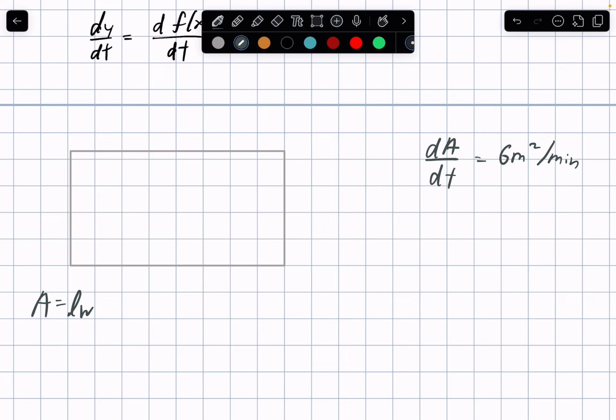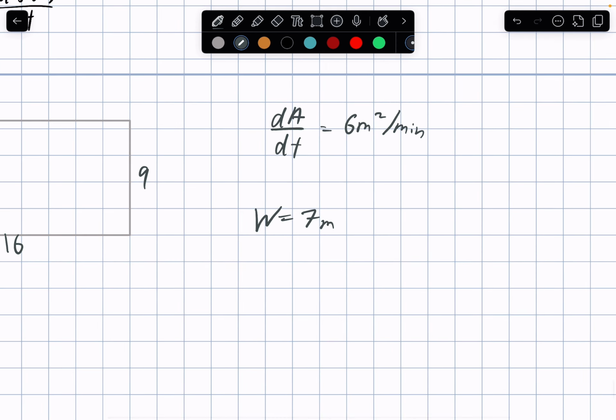How fast is the width of the rectangle expanding at width equal to 7 meters? 16 and 9. At width equal to 7 meters, how fast is the width of the rectangle expanding?